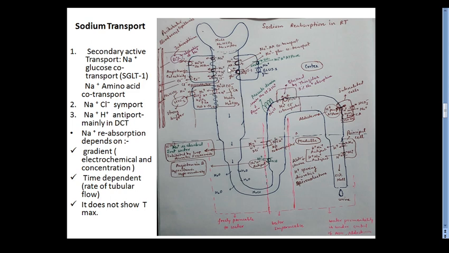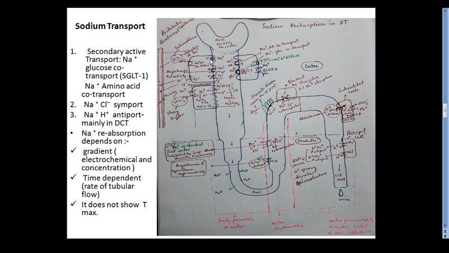As here you can see, there is a sodium amino acid co-transport channel, and there is a sodium glucose co-transport channel. Along with the amino acids and glucose, sodium also gets reabsorbed via these co-transporters.